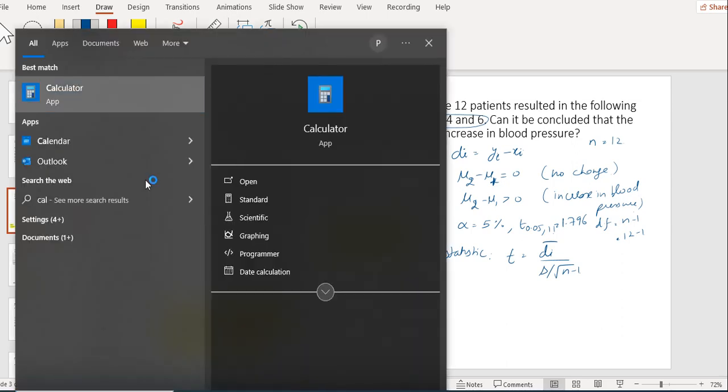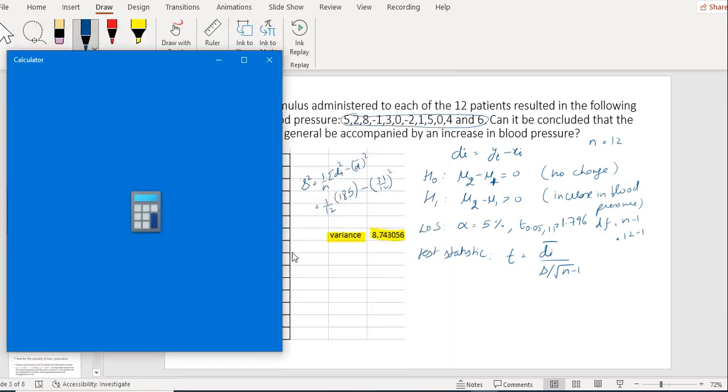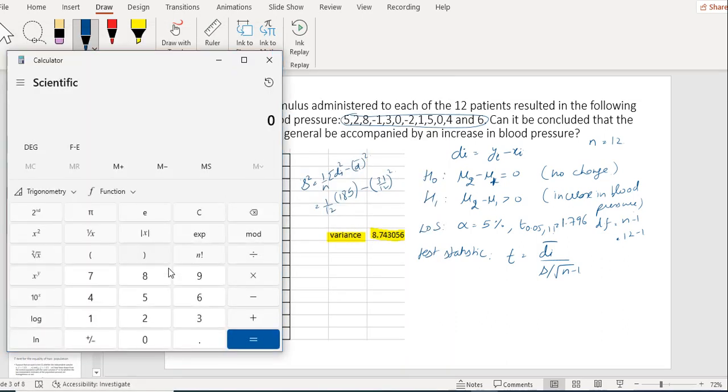We can use Excel or we can use the calculator for the same. So I first calculate 185 divided by 12, minus bracket 31 divided by 12 bracket close, it's a square, and then we find the difference.